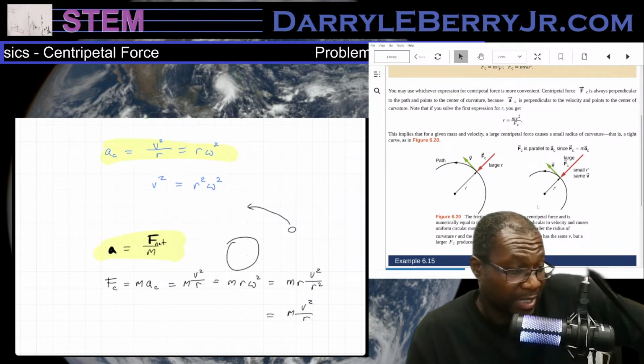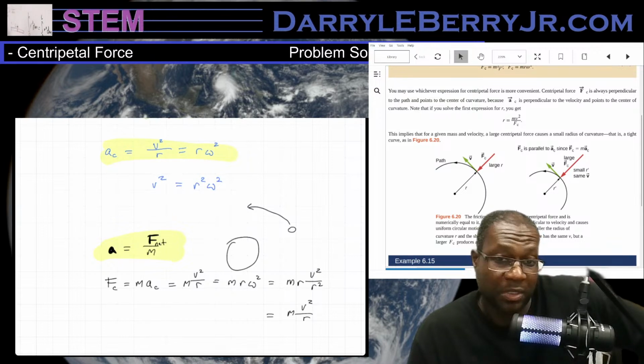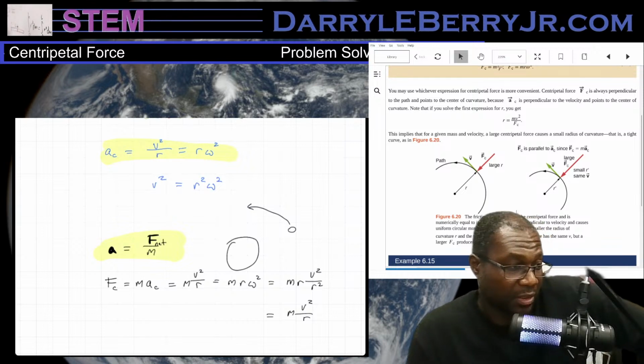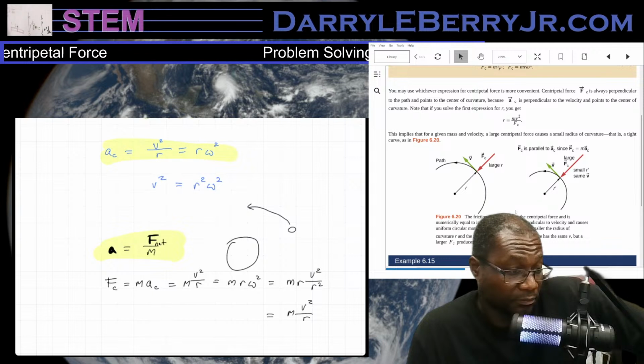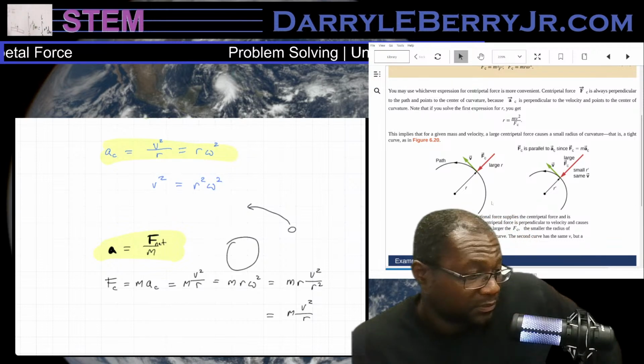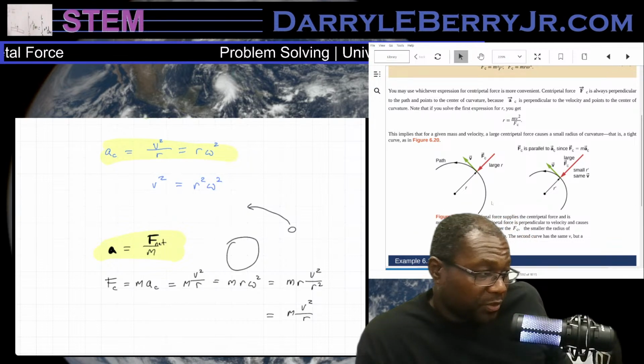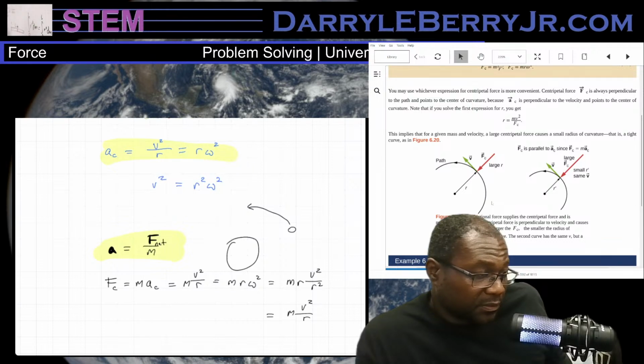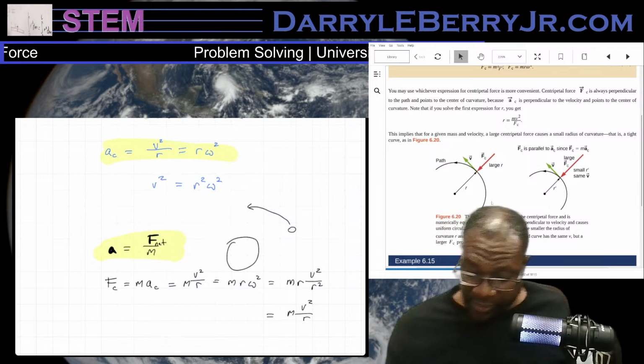The frictional force applies to centripetal force and is numerically equal to it. Now what I need to get to is a car being held by centripetal force. The frictional force is the centripetal force. Let's think about that.